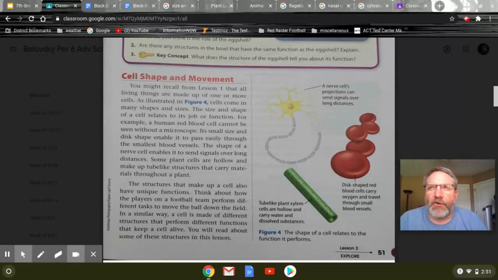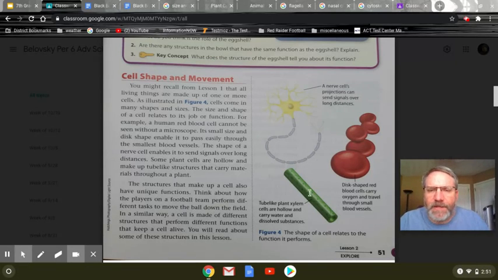Remember, your tiniest blood vessels are called your capillaries. When blood gets to your capillaries, the cells have to be able to twist and turn as they move through. That's why blood cells have to be the shape that they are. It allows them to move through your blood system.